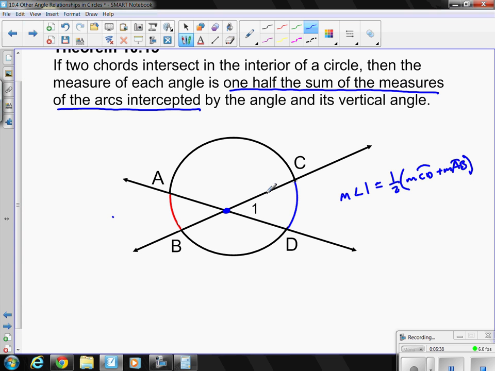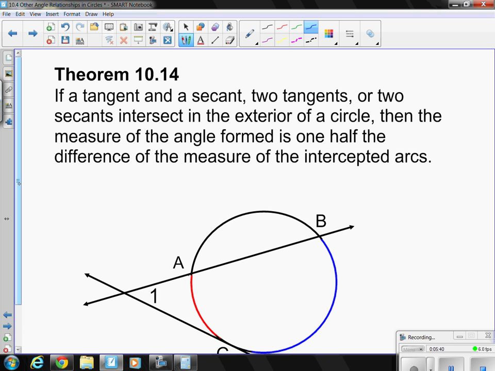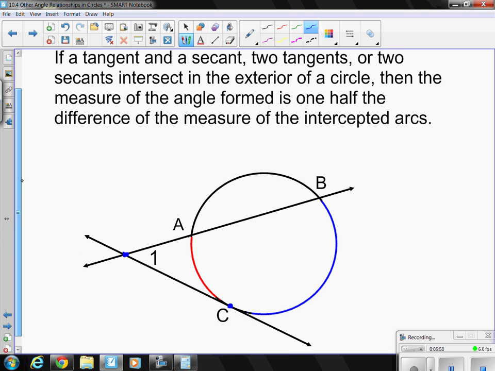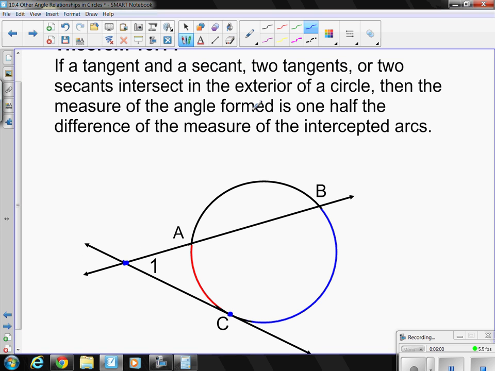And this time, when they intersect outside the circle, you could have this line as a tangent or going through here, but we're going to have to figure out the measure of these arcs, from here and here. And this time it's 1/2 the difference of the measures of the arcs.